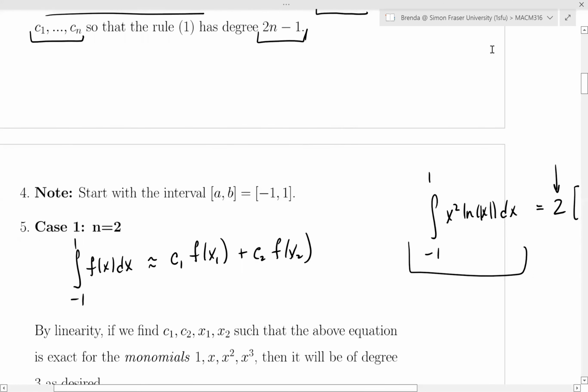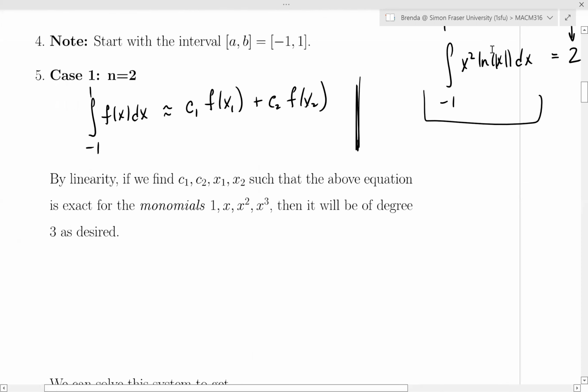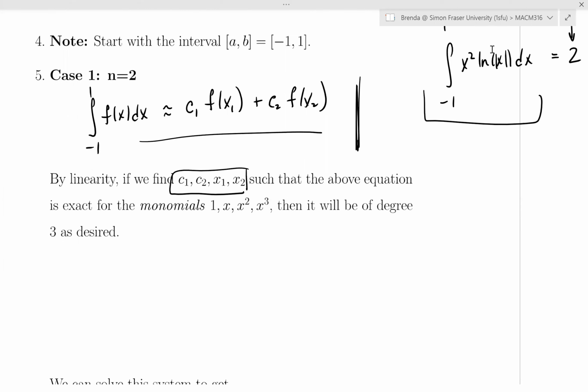That is actually not such an easy problem in the general sense. But let's see how we can at least get traction on it when we have the simplest example, function evaluation over this symmetric interval. Okay. What we're going to do is figure out these four choices we're allowed to make, so that the above equation is exact when my function equals these four things.